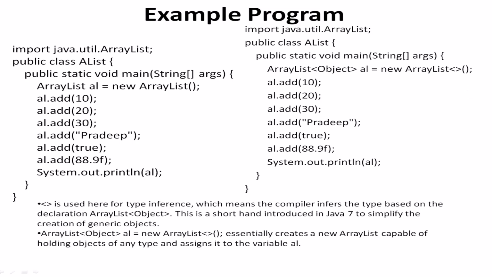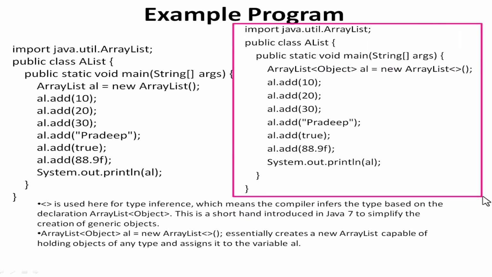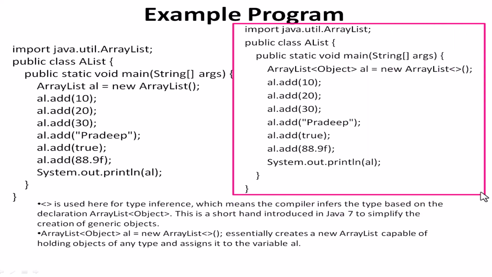So for that purpose, we use the same program, but the modification is that here you create a particular object. Here we specify the greater-than and less-than symbols, and we specify Object.